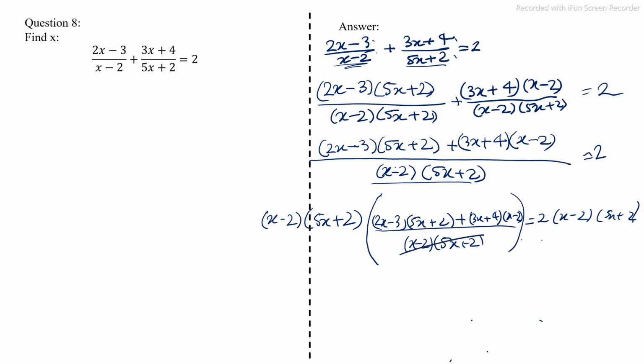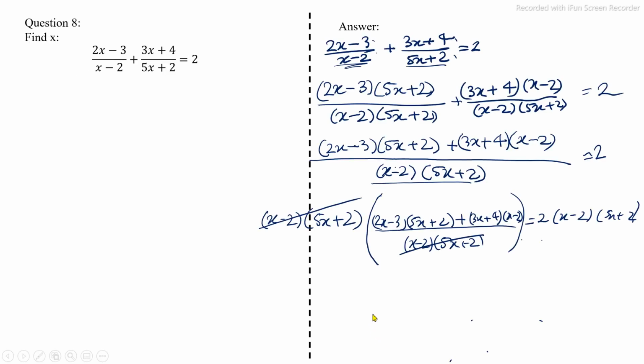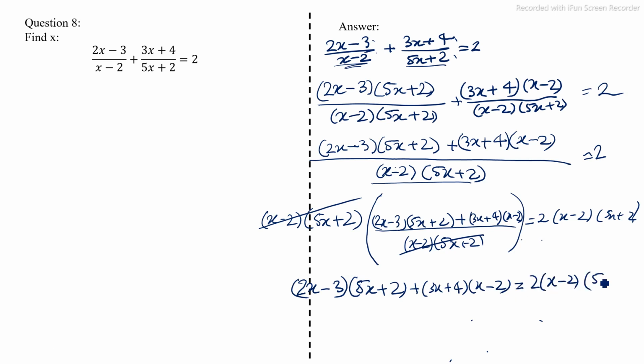These two cancel out, all for nothing. So we get 2x minus 3 and 5x plus 2 plus 3x plus 4 and x minus 2 equals 2 times x minus 2, 5x plus 2.